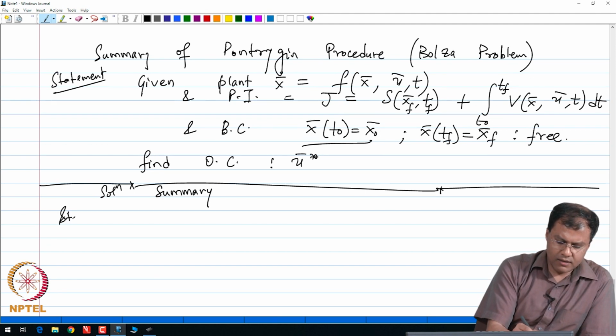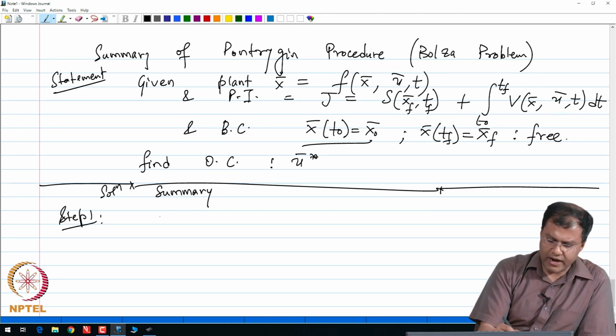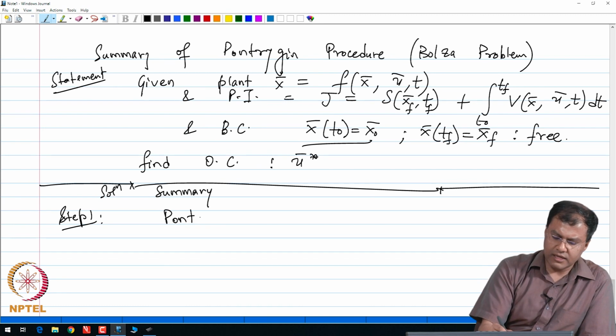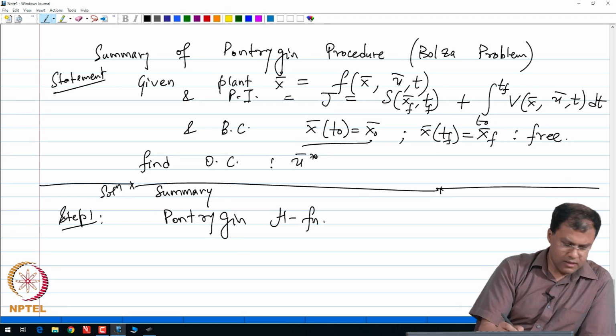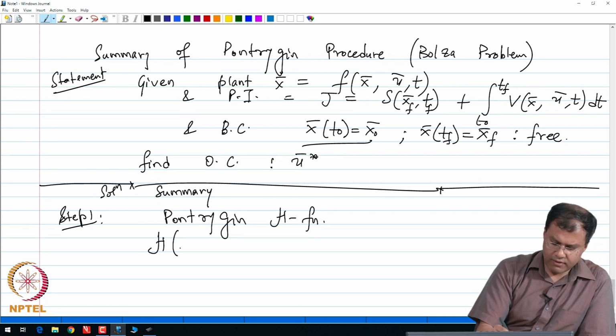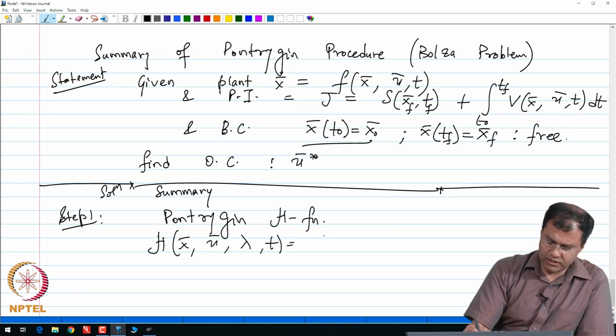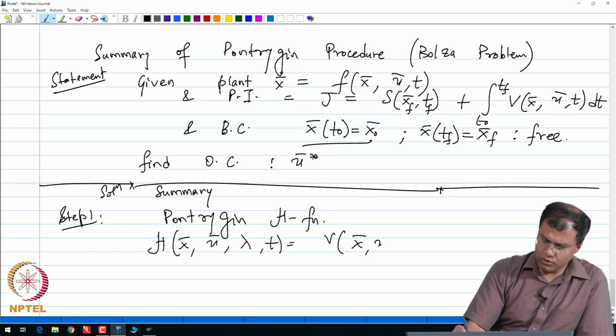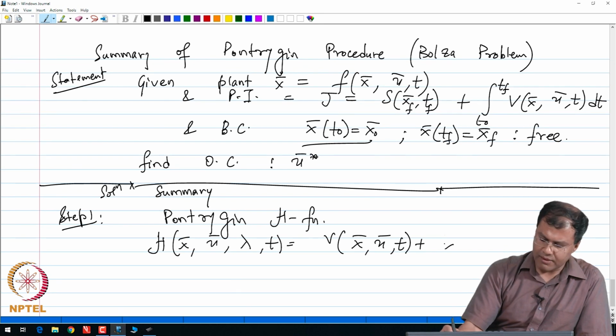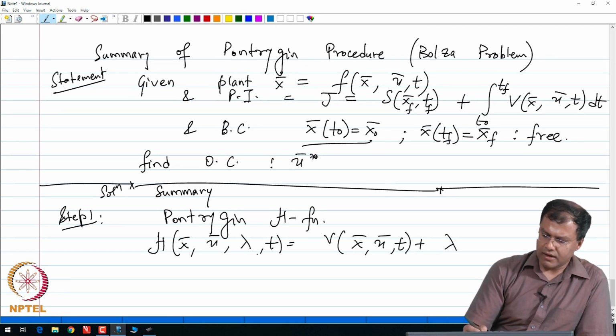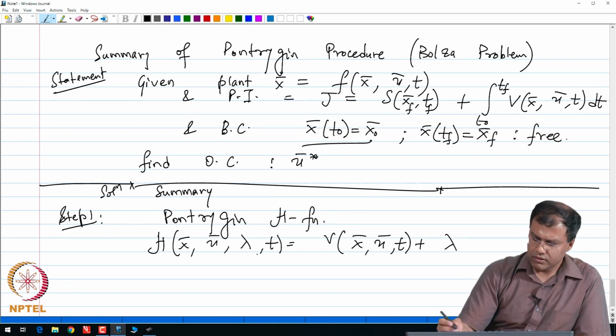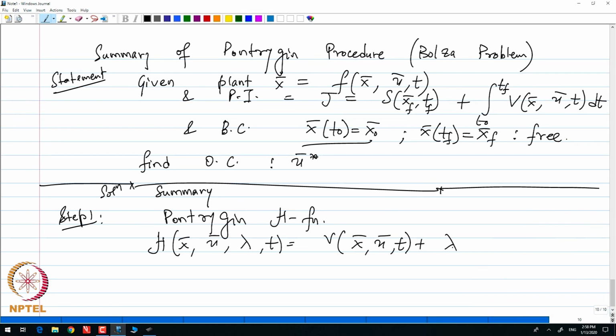Step 1, we find the Pontryagin H function, let me call this H of x bar, u bar, lambda, t, which is V of x bar, u bar, t plus lambda times, well, I continue to use lambda, so lambda in general is a scalar function, times f of x bar, u bar, t.